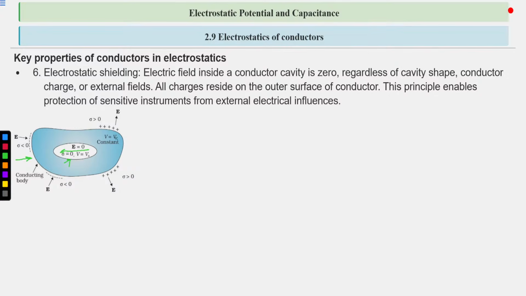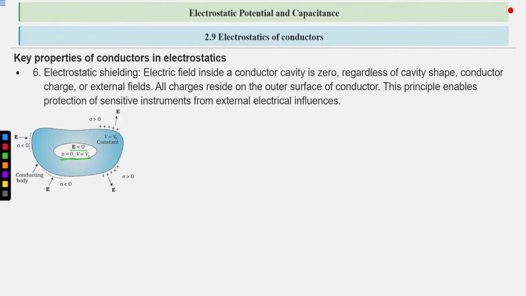And there is also not any single charge in this cavity. Charges are on the surface. So surface charge density is also zero inside the cavity. Electric field is also zero inside the cavity. But potential is equal to V naught, where V naught is any constant value.